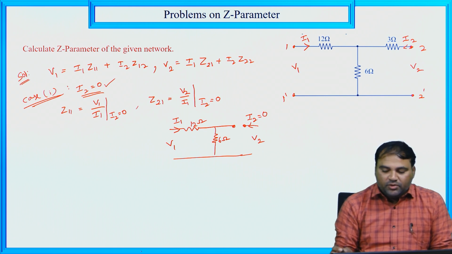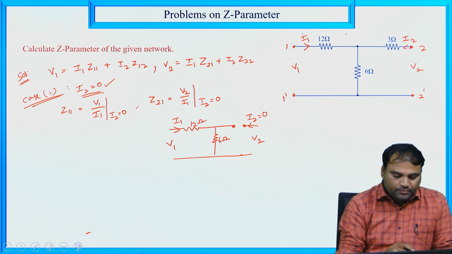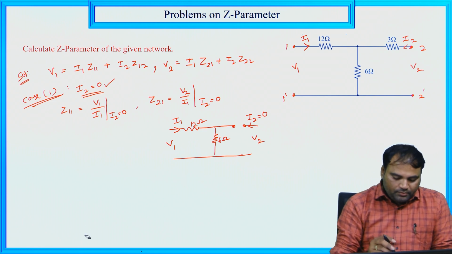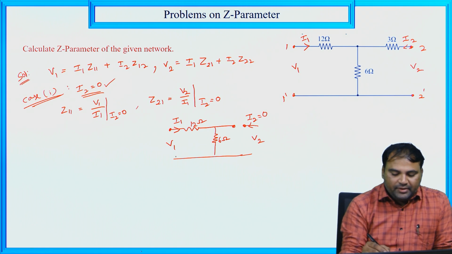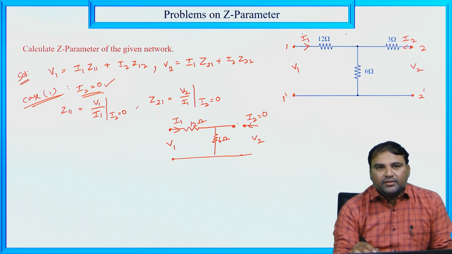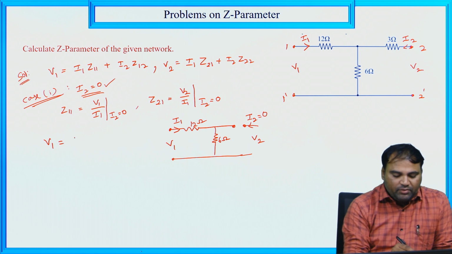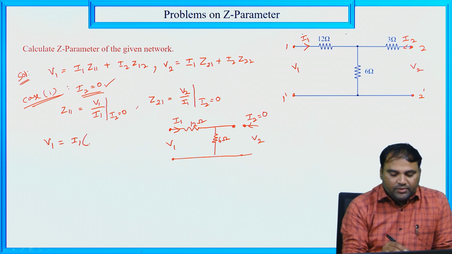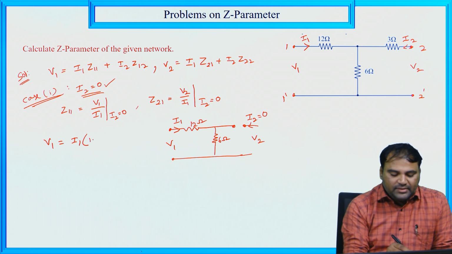So here first what we need to do? I am taking the input voltage first, V1. Here on this side there is no element, so the 12 ohm and 6 ohm resistors are connected in series. So V1 equals I1 into 12 plus 6.